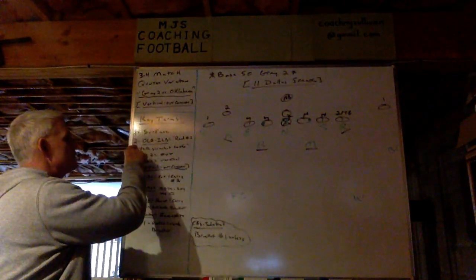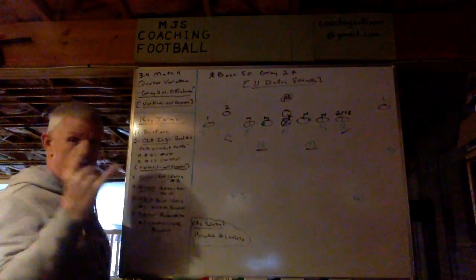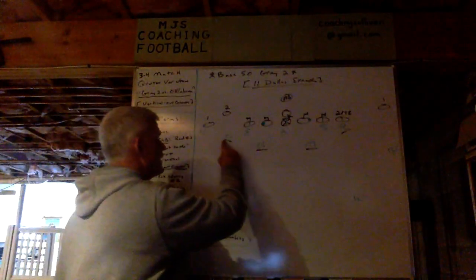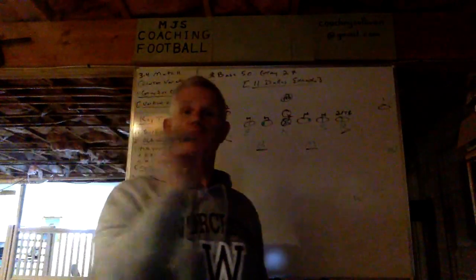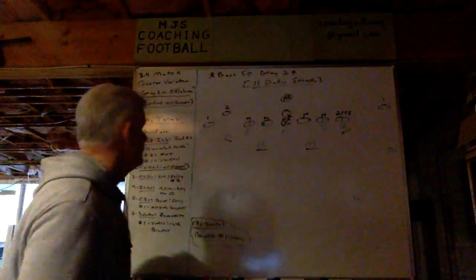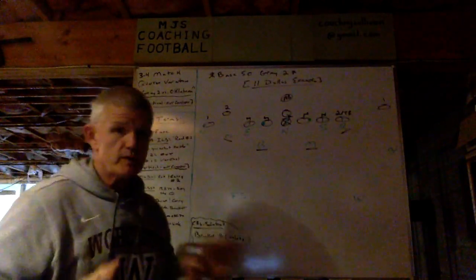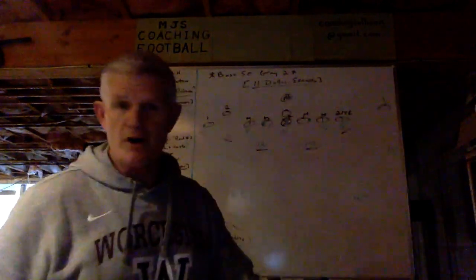So the second term, outside linebackers and inside linebackers. It's grade 2. So our outside, inside, outside linebackers are the ones reading and reacting to number 2. We have 2 defenders on each side reading number 2. We tell them, read number 2, it tells you what to do. We've been taught in rhymes since we were small kids.